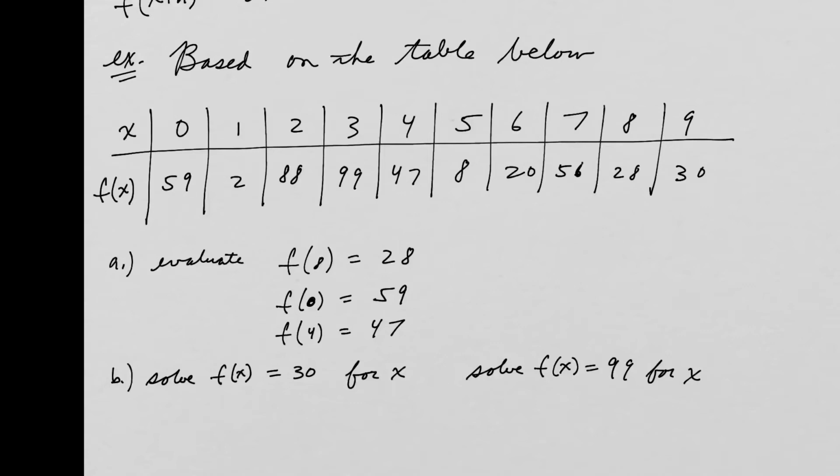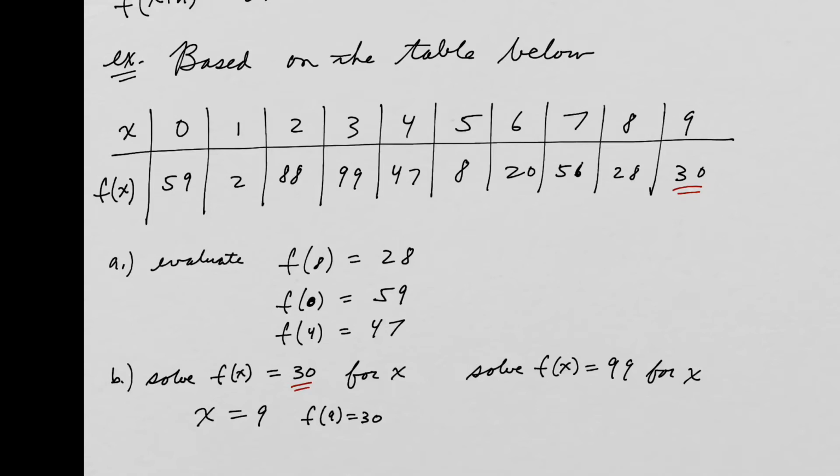But when it says f of x equals 30, that means the output is 30, right? So this 30 right here corresponds to the output, which is here. So if I solve f for x, well, what is the particular input that gives me an output of 30? The input is equal to 9, right? X must be 9, because I know that f of 9 gives me 30.